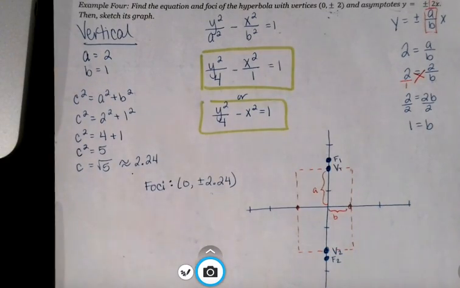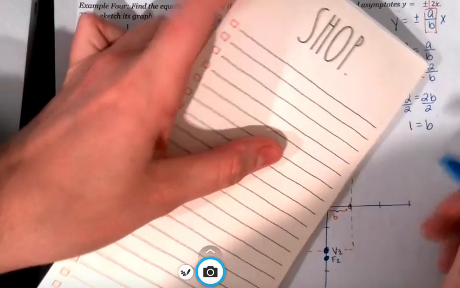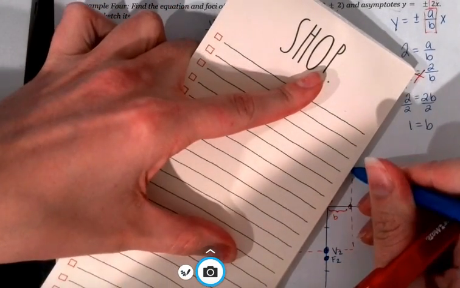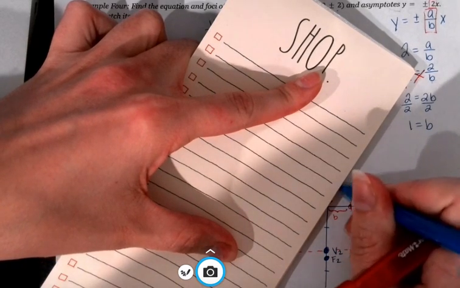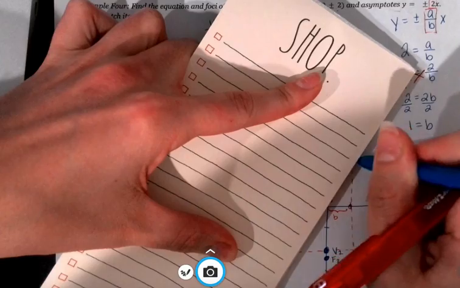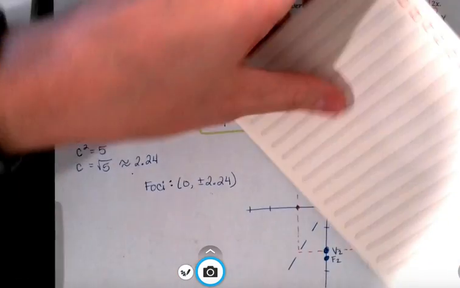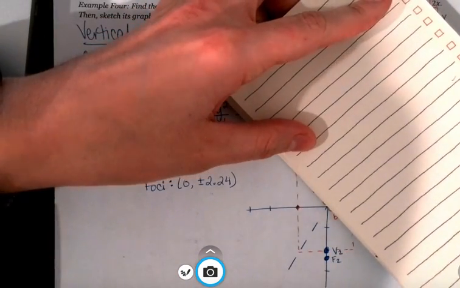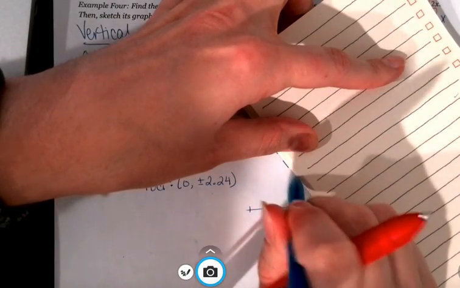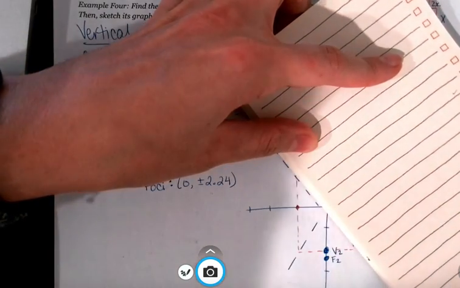So now I can draw in my asymptotes, and then I'll be able to graph my curves. So corner, corner. Oh no, that's a little off, isn't it?